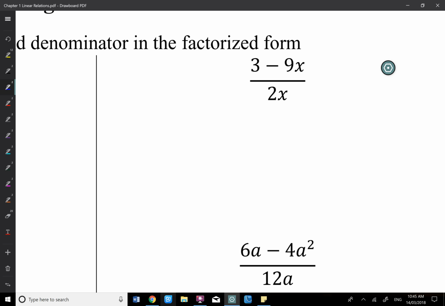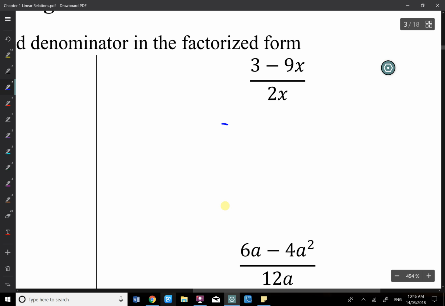Well, the next question, 3 minus 9x over 2x. I can take a 3 as a common factor. We take a 3 from 3, we're left with 1, and minus 3x. The thing in the bracket, we can't touch.